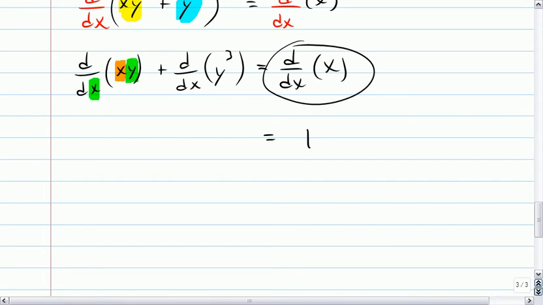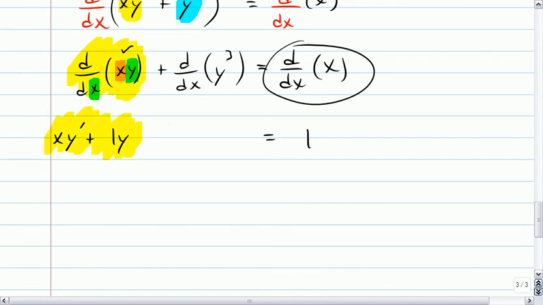Okay, so I'm going to leave x alone. The derivative of y is y prime. Plus, take the derivative of x with respect to x, that's just 1. And I'll leave the green piece alone, that's y. So what you see here in yellow, this yellow thing is this.